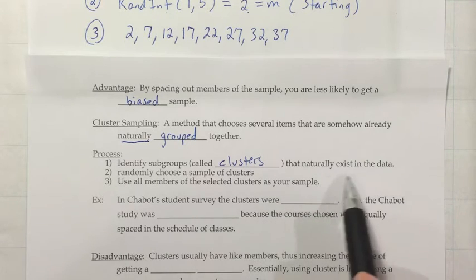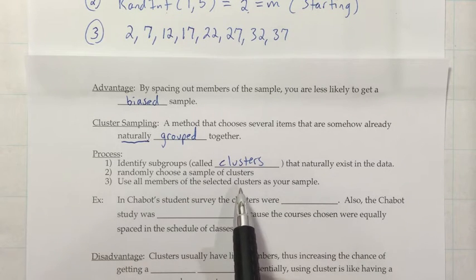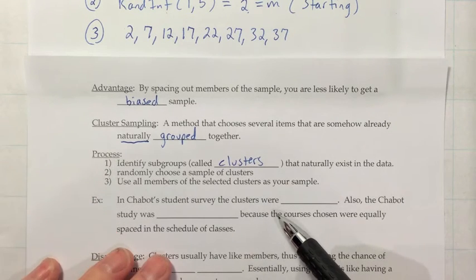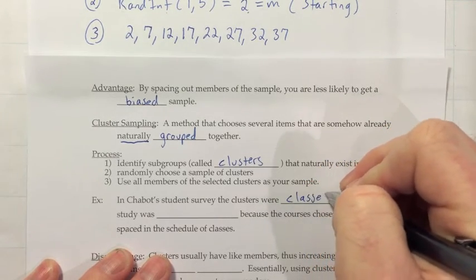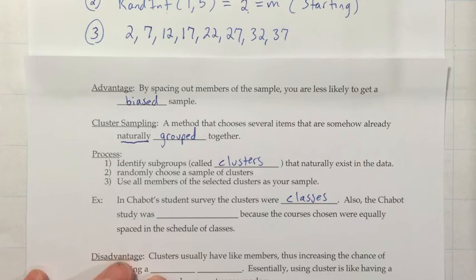So those groups were already naturally existing in the data. And then you randomly choose a sample of clusters, which is what they did in that study. They chose a certain number of classes to get the sample size that they needed. And then you use all the members of the selected clusters as your sample. So in Chabot's student survey, the clusters were the classes. So there was definitely cluster sampling going on in that Chabot student satisfaction survey.